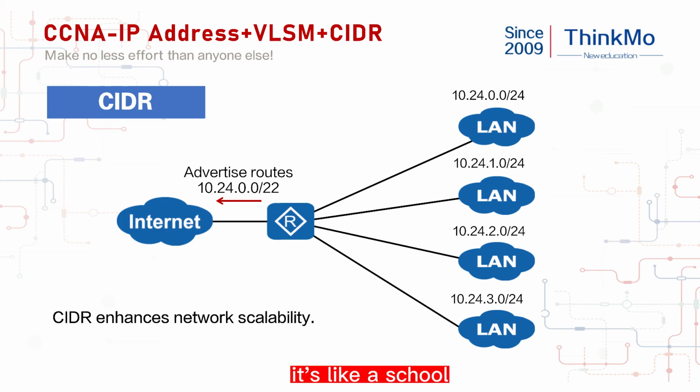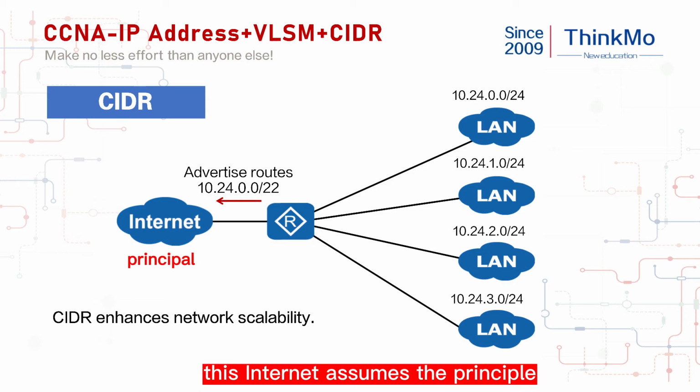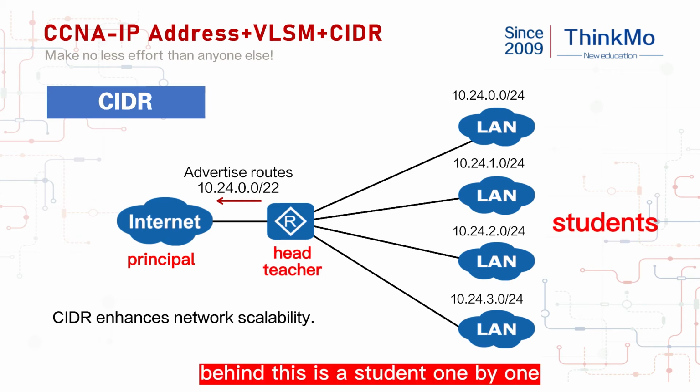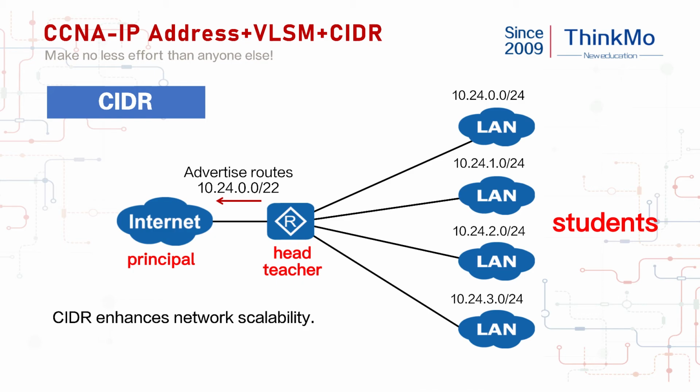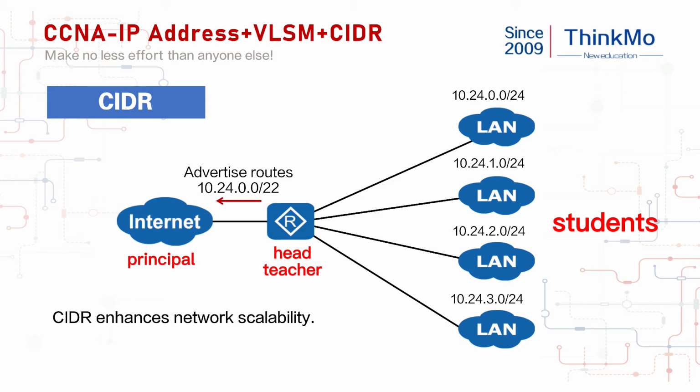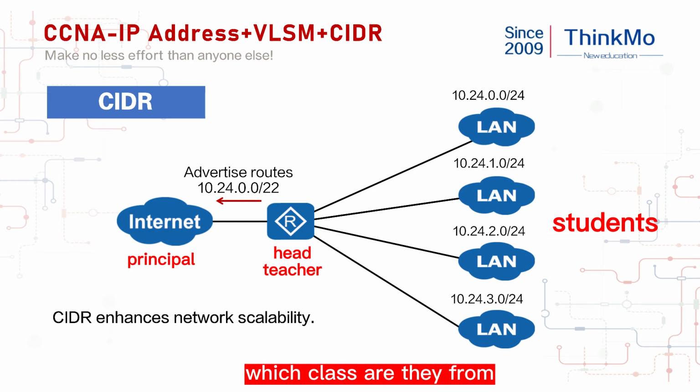It's like a school. In that school, this internet assumes the principal. If this is the head teacher, behind this are the students one by one. For the principal, it doesn't really need to know where the students are seated, just which class they are from.